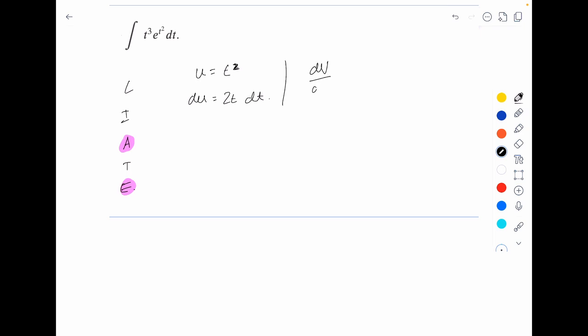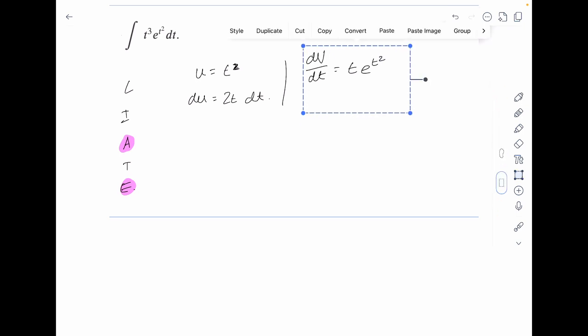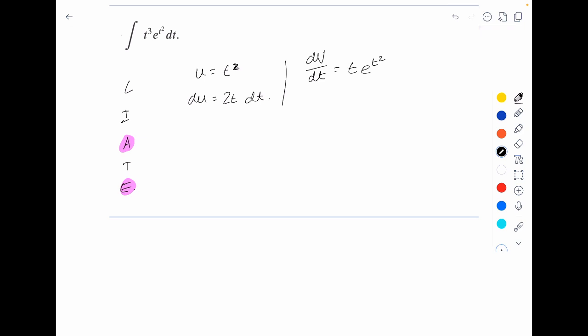Let's make dv by dt equal t e to the t squared. Again, relatively simple enough there. So we can say from here that v is going to equal the integral of t e to the t squared dt.